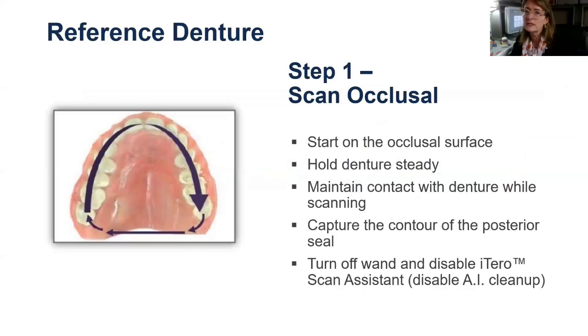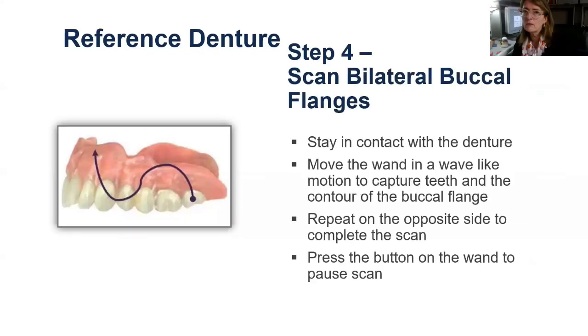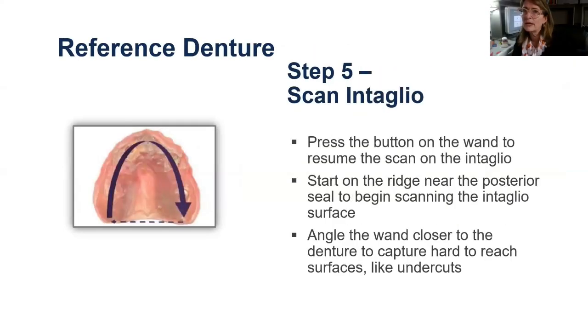And this is the reference denture scan, which I'm going to do one here quickly. Next is going to be the palate, then the buccal corridors, rolling over to the intaglio, at which time I'm going to stop the scanner, let it process, and then start it back up on the intaglio again.